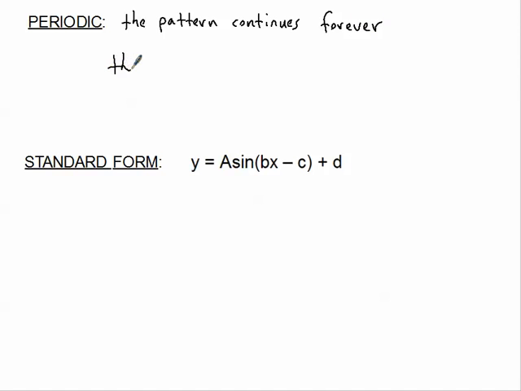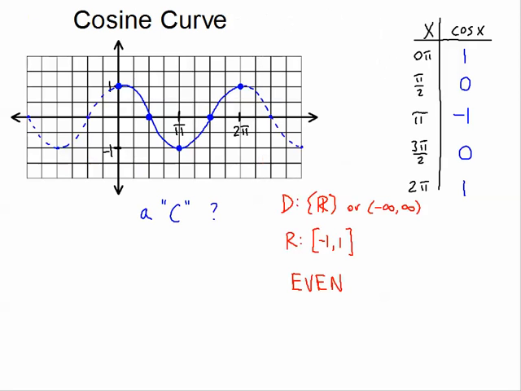The period for the cosine and the sine is what? Let's go back and look at either one of the graphs because they have the same period. How often is it until these graphs start to repeat the same points again?